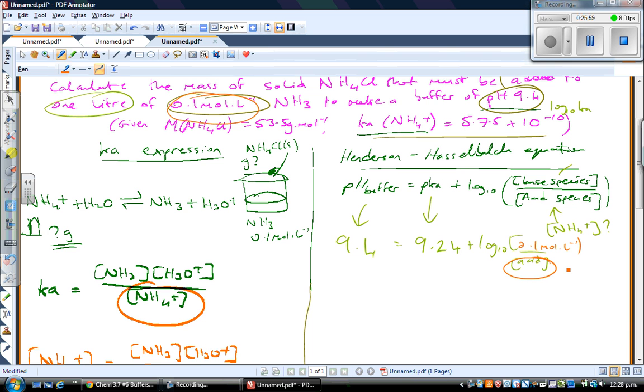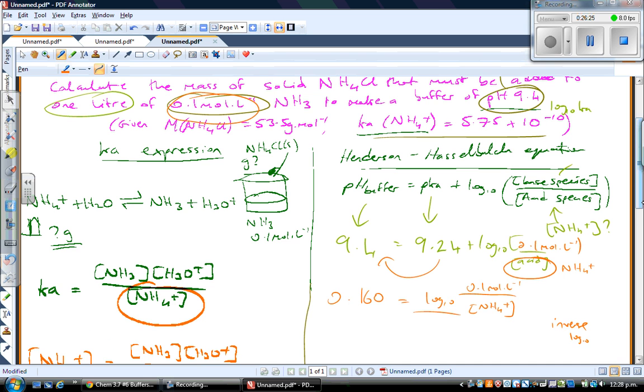So what we're going to do here is take this across. If you subtract them, it becomes 0.160 is equal to log to the base 10 of your 0.1 moles per liter over your concentration of NH4 plus. To get rid of the log 10, you just inverse log 10 on your calculator.